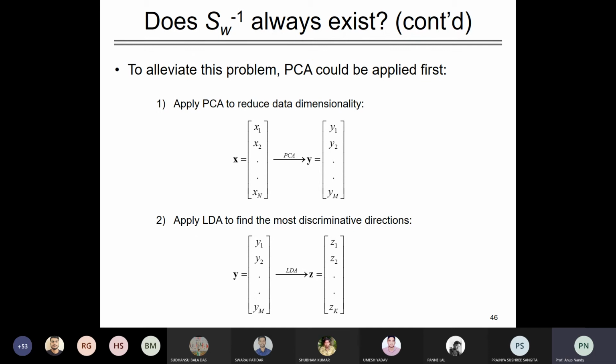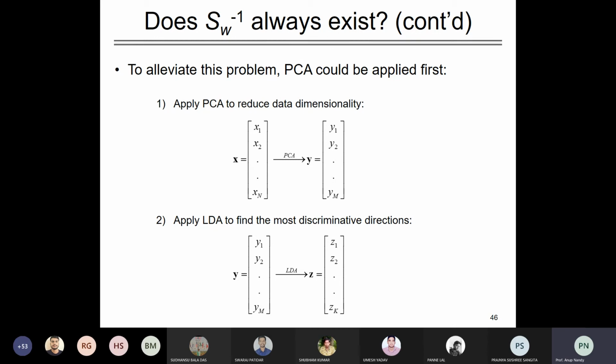After doing the transformation, you will have other values. Suppose you have a capital N dimensional feature vector. After doing PCA or some transformation, you get an M dimensional feature vector, where M is much less than N. These features are called the projected y values.